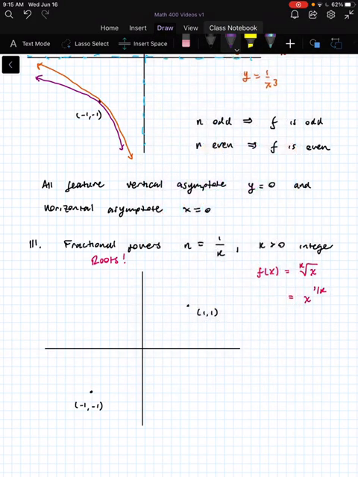Our first one then, so I'm going to start from the cool colors this time. So x to the 1/2 is our square root function.